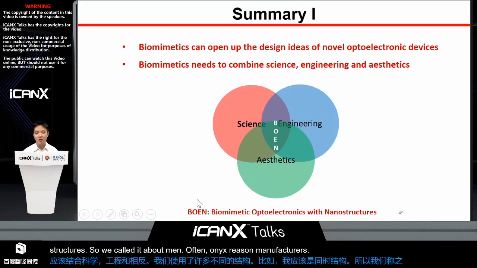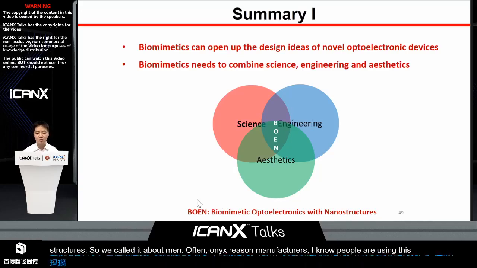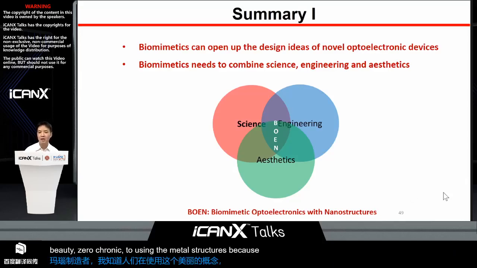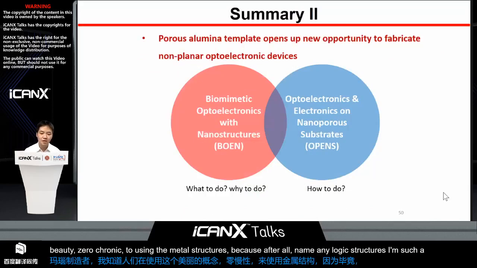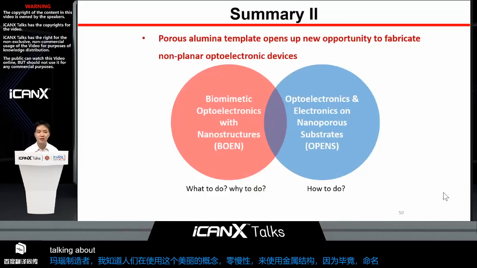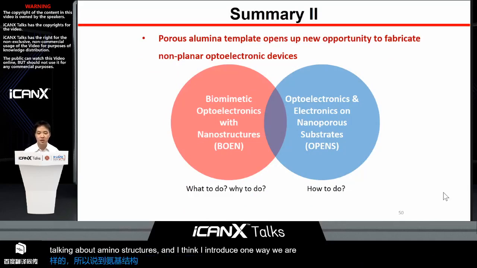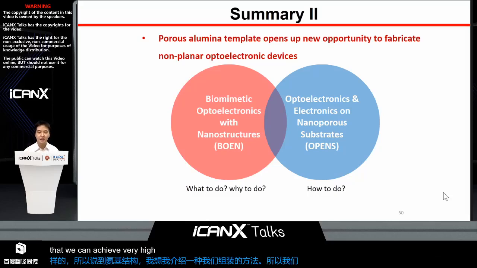I know people are using this concept to build optoelectronics, but we're using nanostructures because, after all, many biological structures are nanostructures. Talking about the nanostructures, I introduced one way we assemble them. We assemble them in a porous template so that we can achieve very high density, and each individual element won't short to each other.